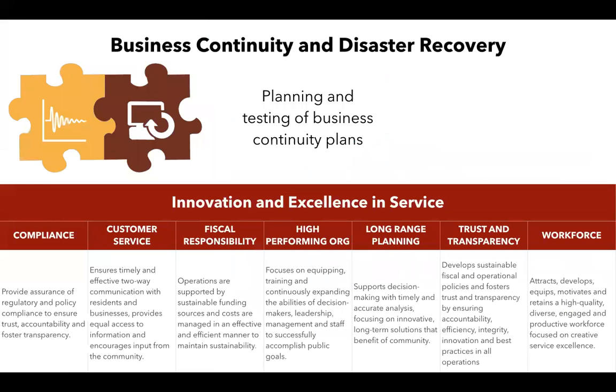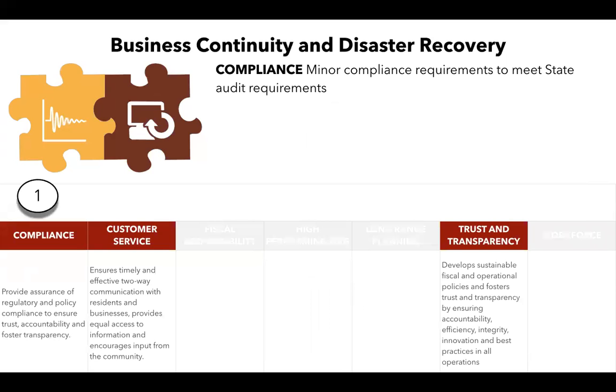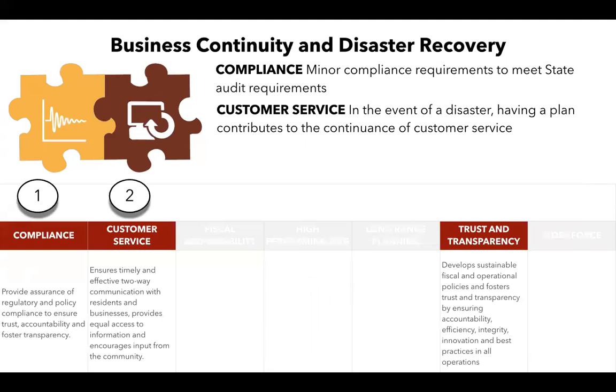A quick example from the city of Duluth. This was their business continuity and disaster recovery service with the description of planning and testing of business continuity plans. This is one of their governance services, and these are their governance results. This service scored a 1 in compliance with minor compliance requirements to meet state audit requirements.